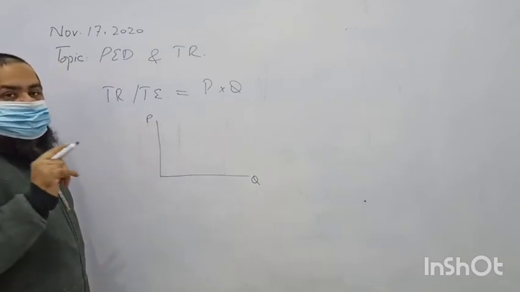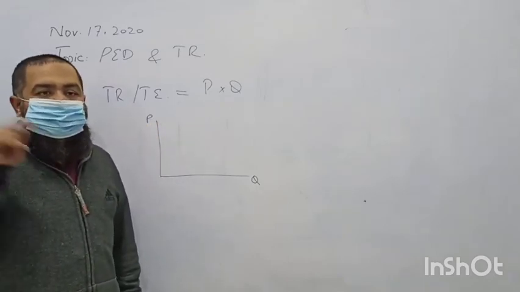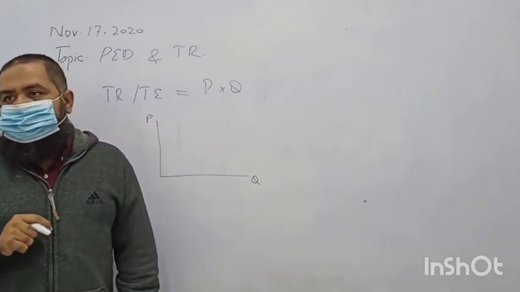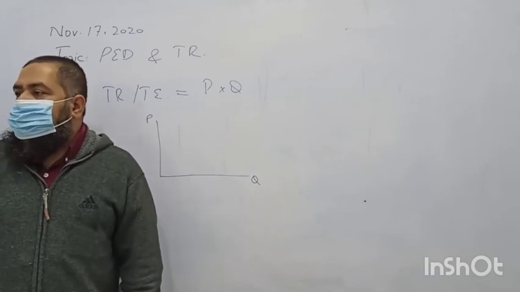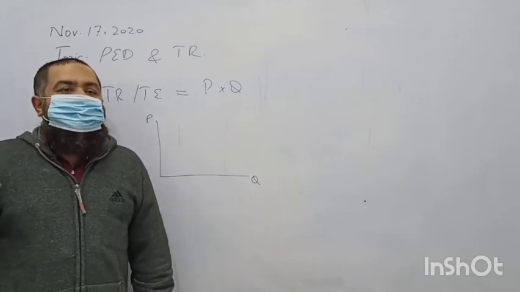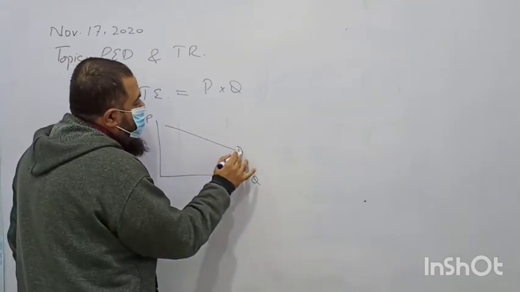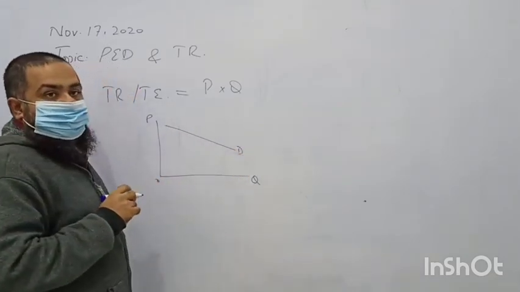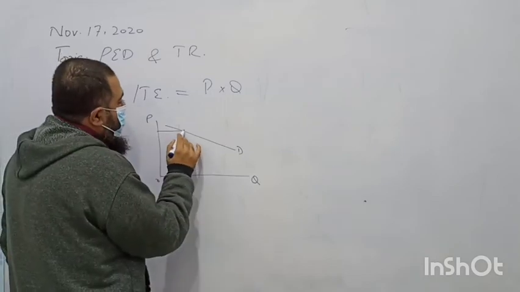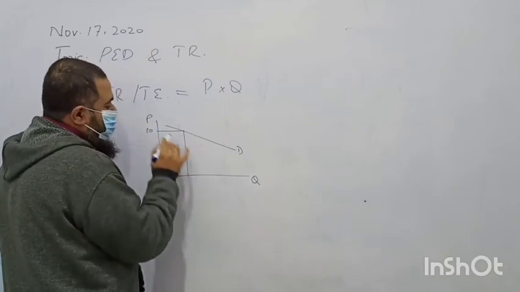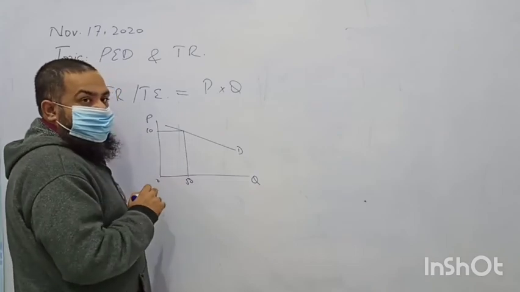Now come towards the elasticity point again. This is the main thing which I wanted to explain to you. The application of price elasticity of demand, how this concept will be applied in real life. This is the demand curve. We said at price 10, 50 units were demanded.